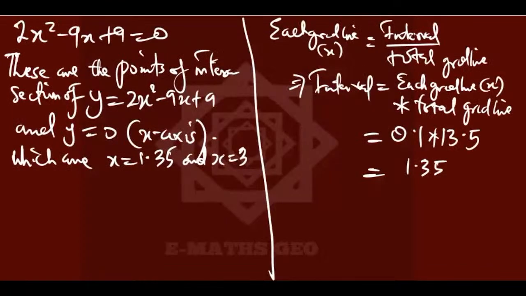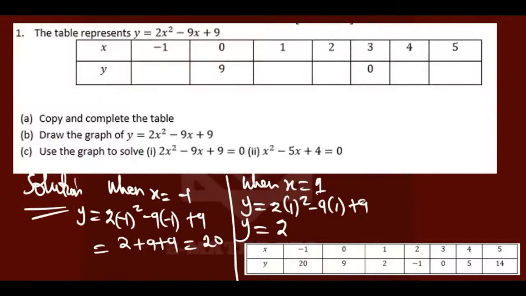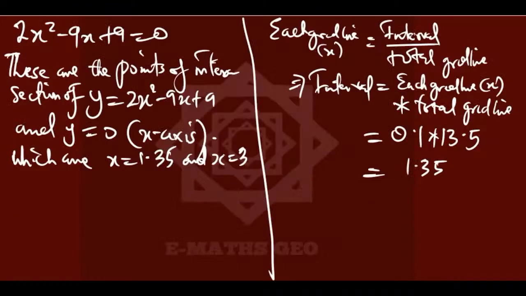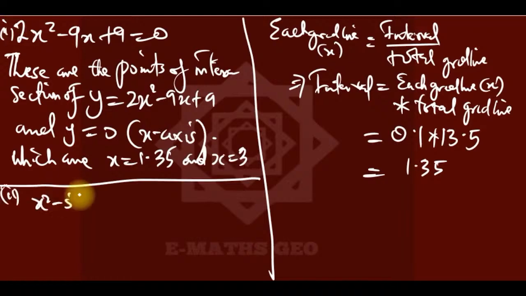That's the first question. The second question, they said to solve x squared minus 5x plus 4 equal to 0.